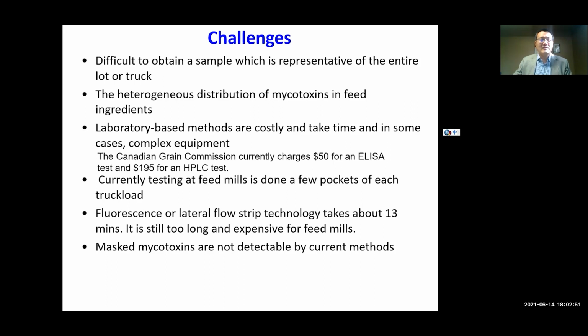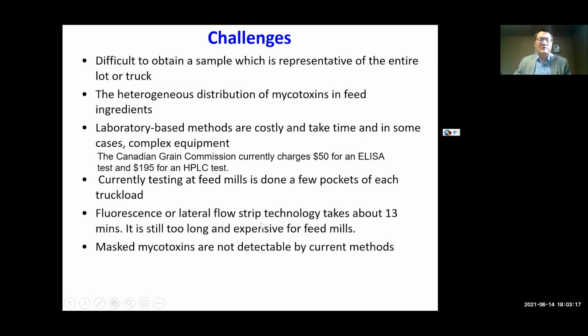And the current testing at the feed mill is done on a few pockets of each truckload. The fluorescence and lateral flow strip technology takes about 30 minutes, and it is still too long and expensive for feed mills, right? And masked mycotoxins are not detectable by current methods.